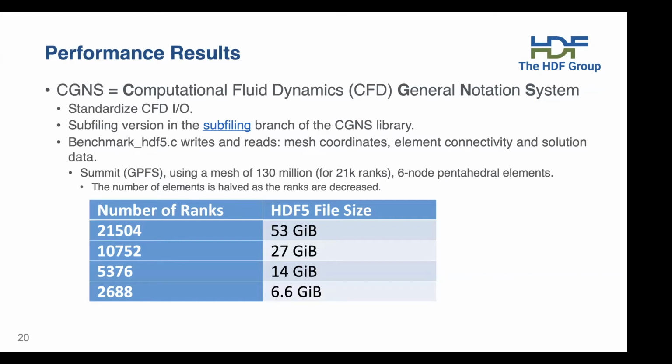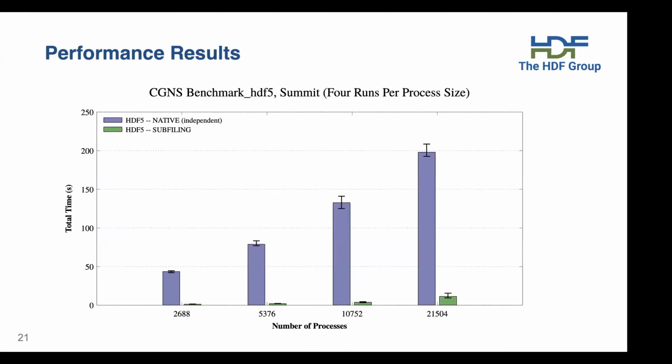And we ran it on Summit, which uses GPFS for its parallel file system. And we used a mesh of 130 million elements. And so you can see here, as we scale up the number of MPI ranks by doubling them, we double the file size that results. Next slide.